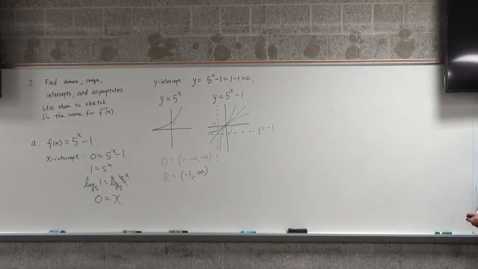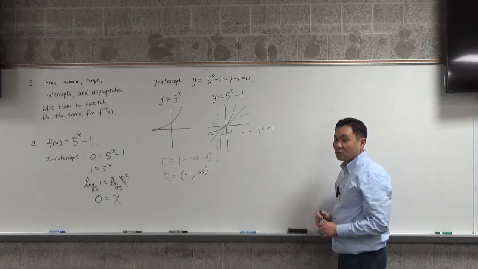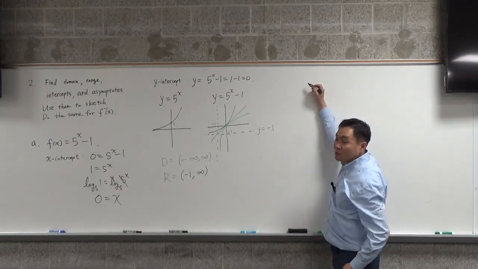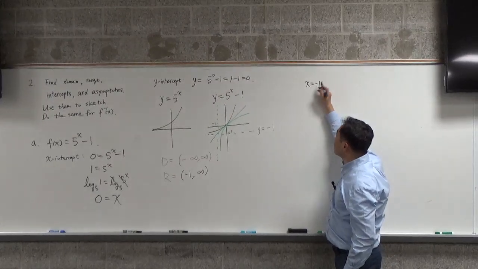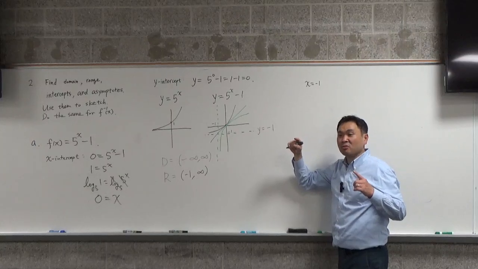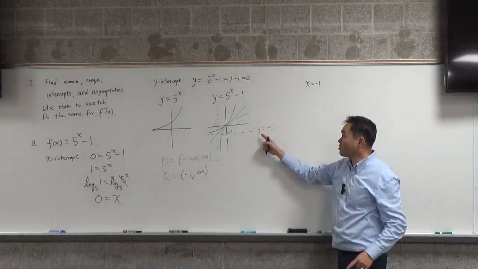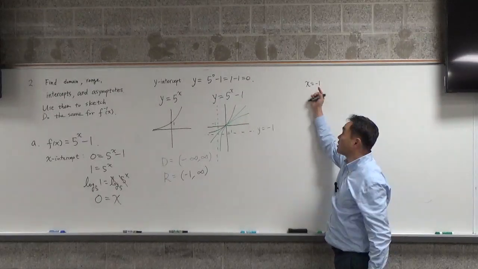So that's the graph. And already from here, you know the intercepts and the asymptote. Okay, so first of all, what's the asymptote? x equals -1 is the asymptote. And of course, finding the inverse function has to do with switching x and y. So whatever you had as y equals -1 will now become x equals -1.